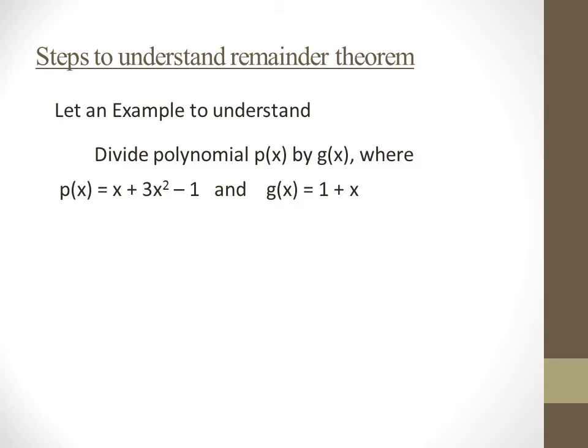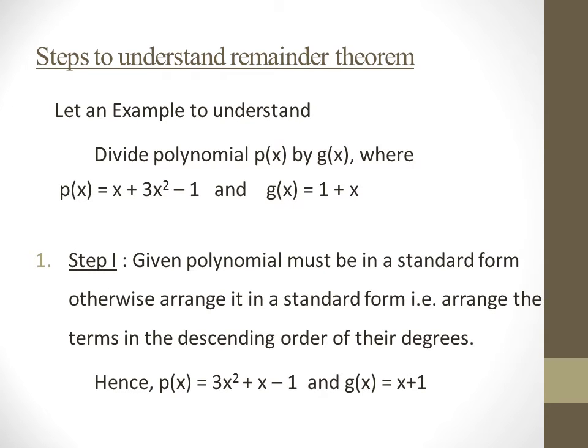At the very first we will take an example of dividing polynomial p of x by g of x. Let us consider one polynomial p of x and one more polynomial g of x, and let us say that p of x is to be divided by g of x. Then how to divide it? We have to follow some steps before doing this division.